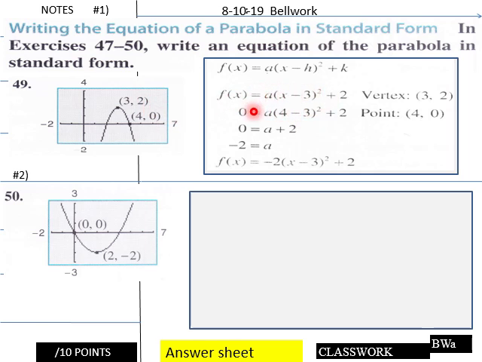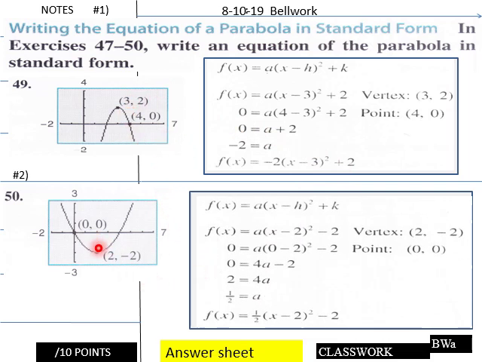So this will be that form. You're going to solve for a here, so you plug in your values, and then you solve for a, and negative 2 equals a. So you plug that back in up here, and you get negative 2 times quantity x minus 3 squared plus 2 for the first one.